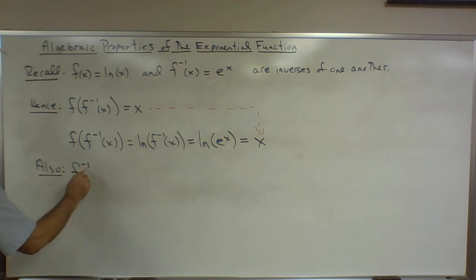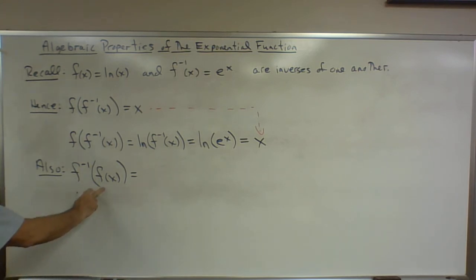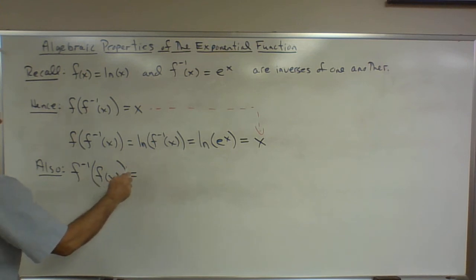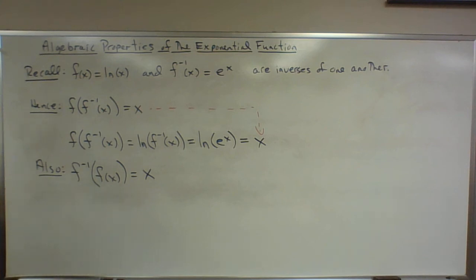We're going to turn the tables and we're going to evaluate f inverse at f of x. And I didn't just note that since these two things are inverses, when we compose them together, we just get x. f inverse undoes whatever it is that f does to x, and we just get x.